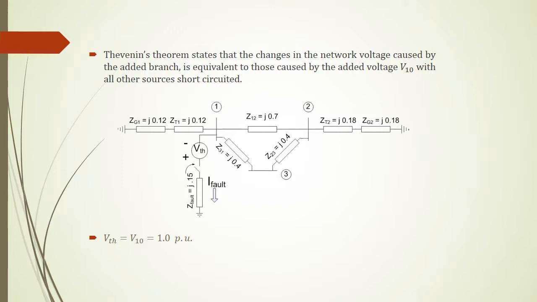Then we close the switch, and the current that flows through the fault impedance here will be the result of this equivalent circuit. In this case, the Thevenin voltage is equal to the voltage at bus 1 before the fault, which is VTH equals V10, and in this case it is 1.0 pu.